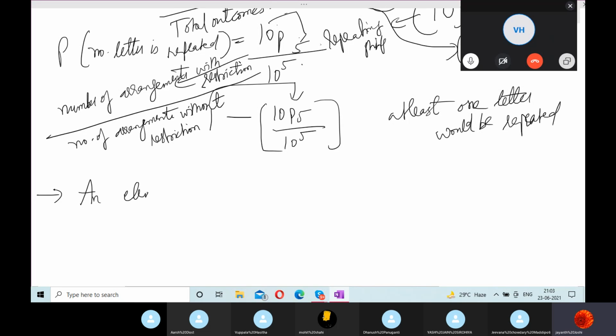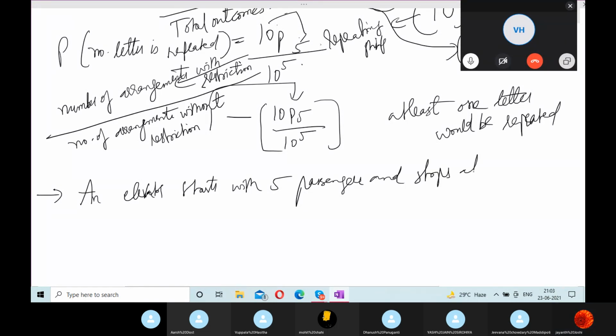An elevator starts with 5 passengers and stops at 8 different floors of the house.